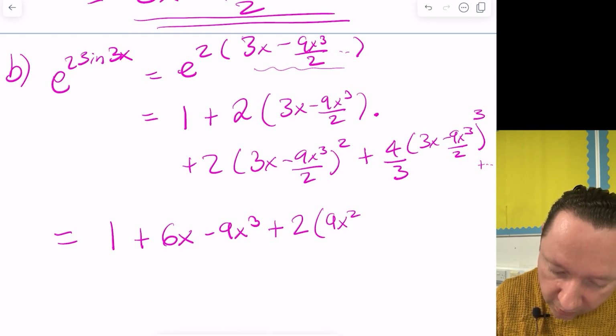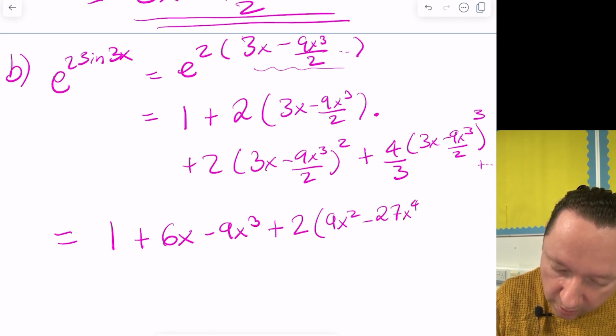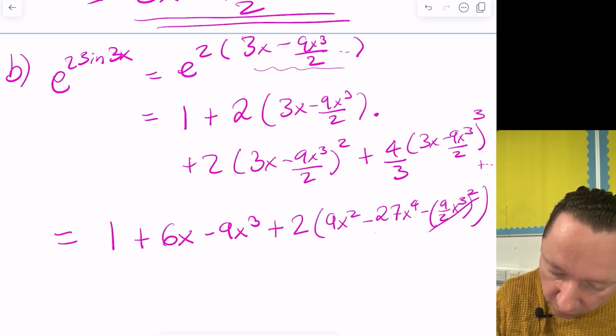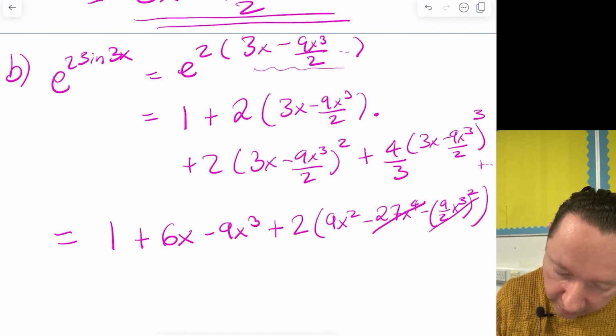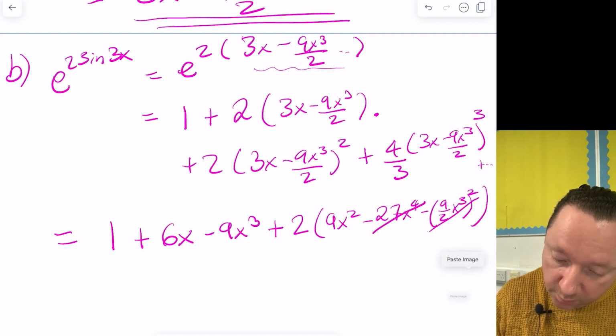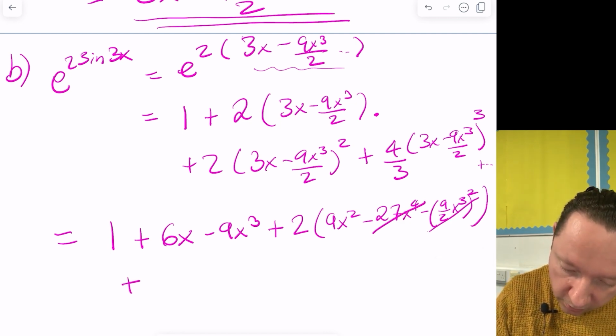Timesing these together, 3 times 9 is 27, over 2 times 2, so minus 27 x to the 4, which you can just ignore, and then minus, I'll just put 9 over 2 x cubed squared, because you can just ignore that one anyway, and you can ignore that one. So that gives you that to expand, plus 4 thirds.